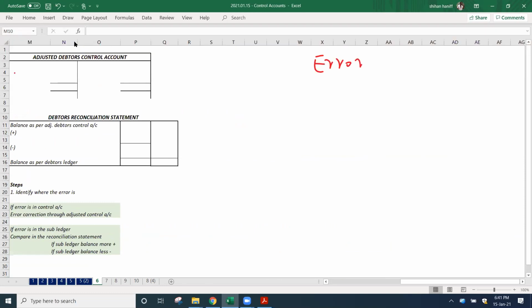The error can be from the control account or from the individual accounts.